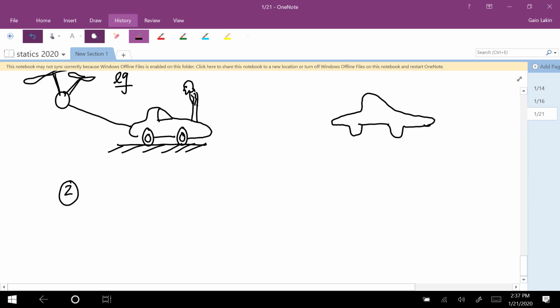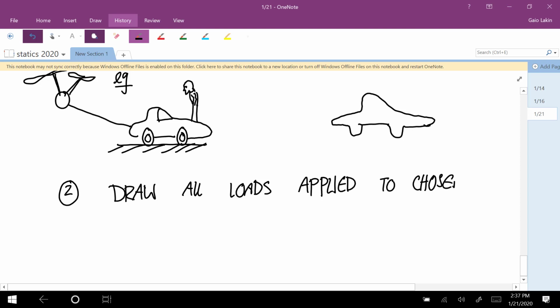The second step is draw all the loads that are applied to the chosen object by the surroundings. For now, when I say loads, I'm only talking about forces. Later, it'll also include couples, but I'll talk about that before we get to it. A couple is, yeah, a couple.